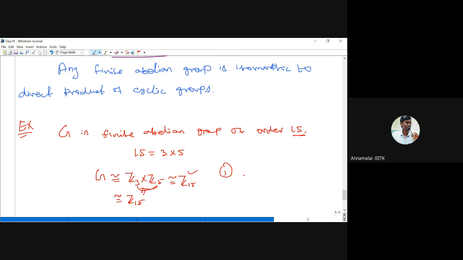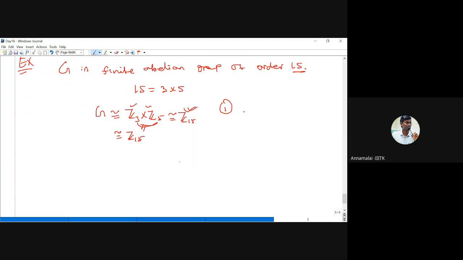The only form is this one or this one; anyway, both are isomorphic. We have only one non-isomorphic group. For order 15, we have two cyclic groups: Z3 plus Z5 is one cyclic group of order 15, and another one is Z15.